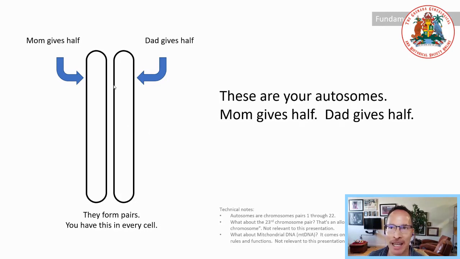You can imagine tiny little horizontal lines between these two, and the pairs are linked that way, and those genes operate together. So a gene from your mother operates with a gene from your father to create you and all of your characteristics. So let's look at how these are made.